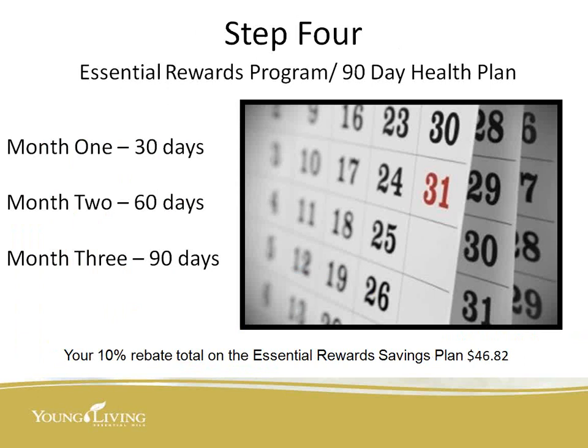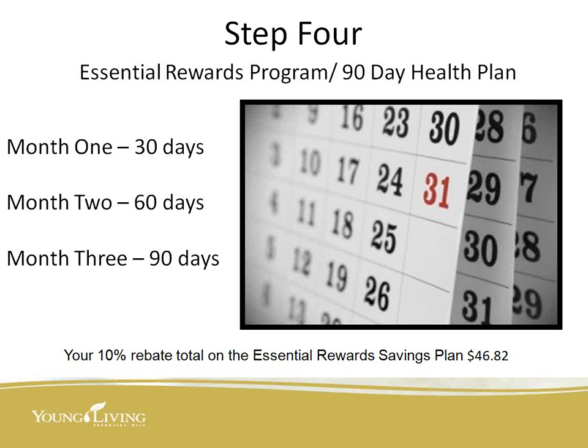Okay, so step 4, Essential Rewards Program, your 90-day health plan. Month 1 is 30 days, month 2 is 60 days, and month 3 is your 90 days. So in 90 days, you should have an appreciable difference in your health. You should be experiencing pain-free days.